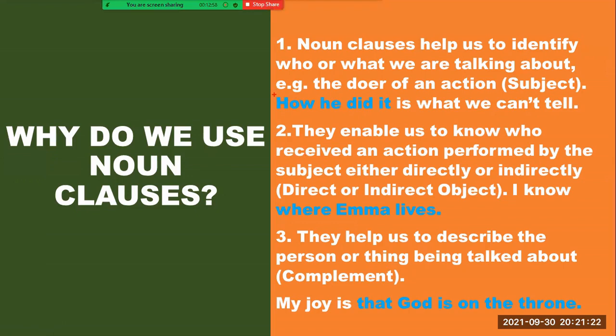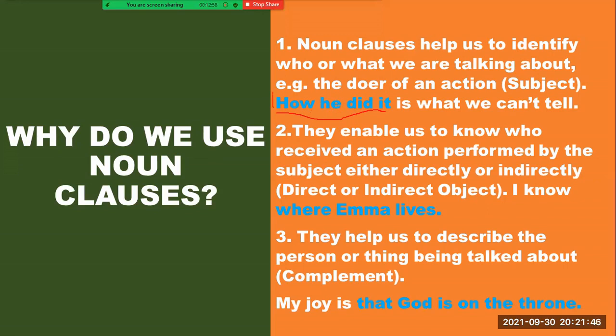But then you need to understand that a noun can replace this noun clause. How he did it is what we can't tell. So now, this actually is the subject.